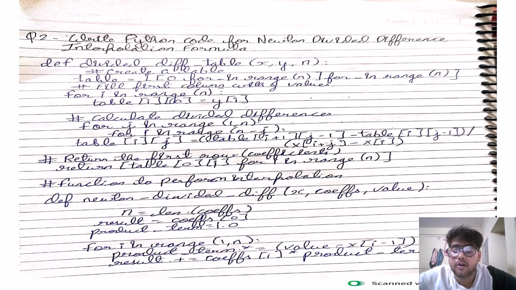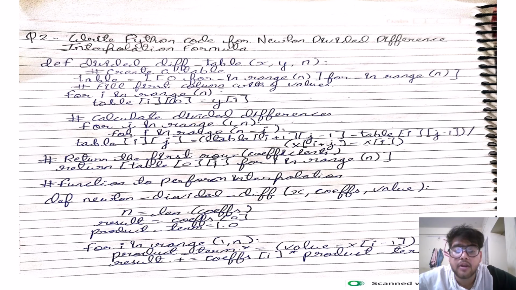In the first function we will have three variables x, y and n, and in this we will create a table, fill the first column with the values, and then calculate the divided differences using a for loop. Then we will return the first row of coefficients, and we will have the table for the divided differences.